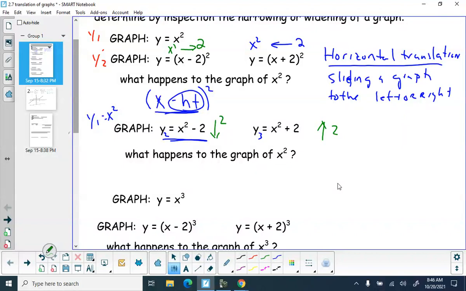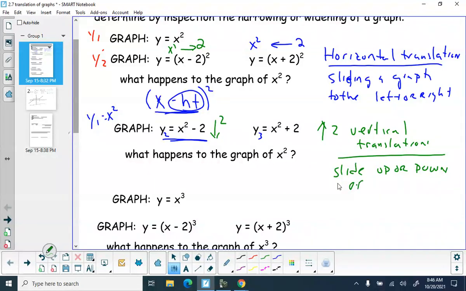This is called a vertical translation. It's a sliding up and down of a graph.